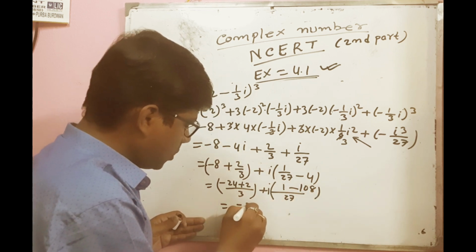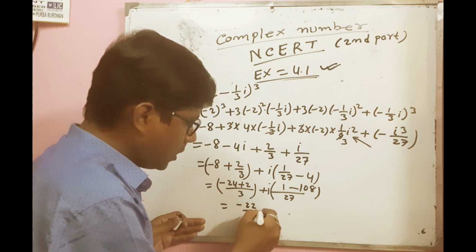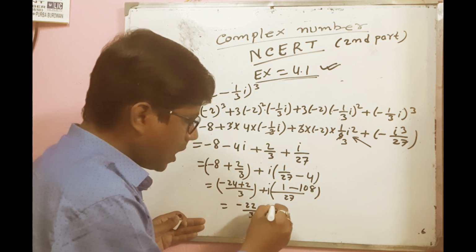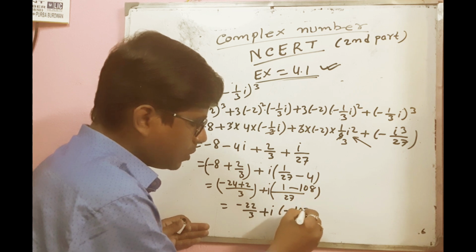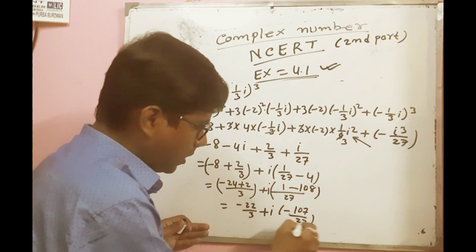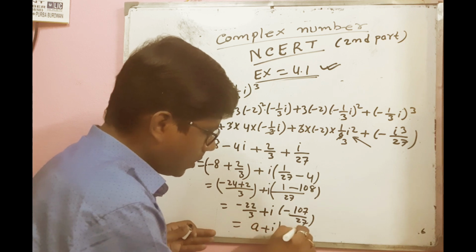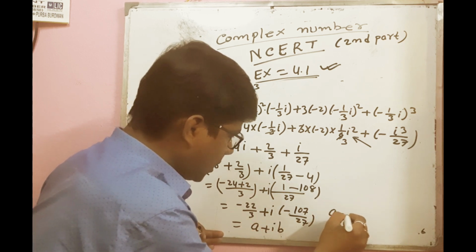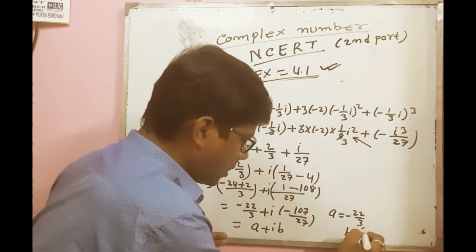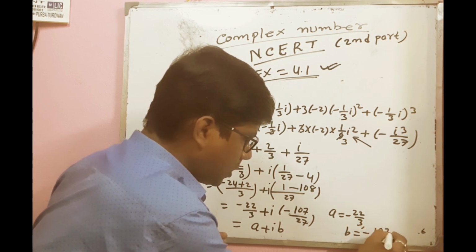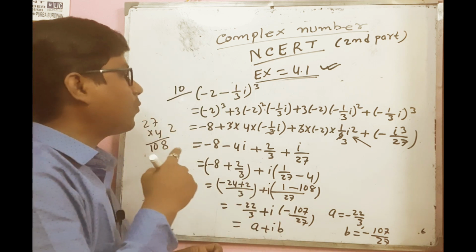So this is the 22 by 3 minus and plus i times of minus 107 divided by 27. This is the a plus ib form, whereas a is equal to minus 22 by 3 and b is equal to minus 107 by 27. This is the completion of 10.